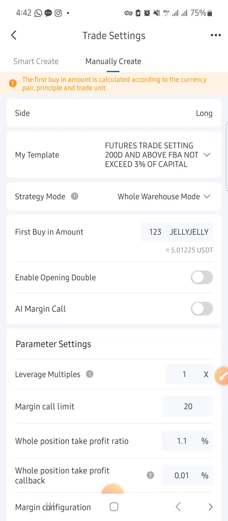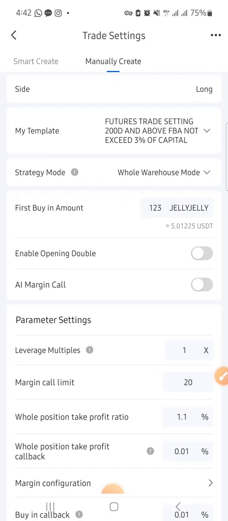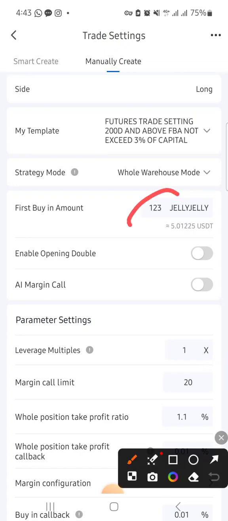Okay? And then this is the side that confuses people most times, how to set your first buy-in amount. When you are opening your futures trade the very first time, you will see the default setting. This 123 JELLY is just the default, telling us that we cannot choose less than 123 JELLY.